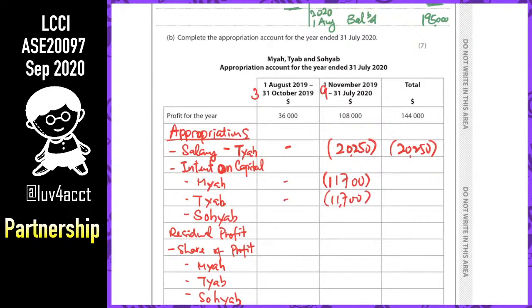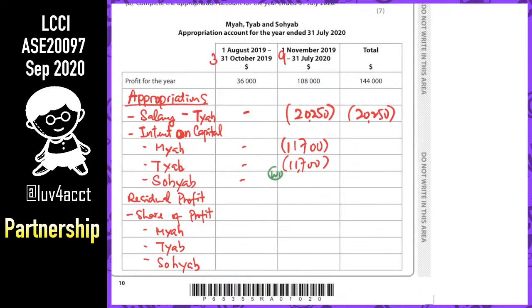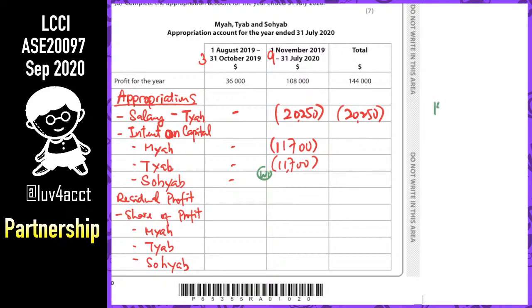Again, nothing for the old partnership. And also here, let us work on it. The original investment in cheque, bringing in a cheque. But then we have to have the goodwill adjustment.